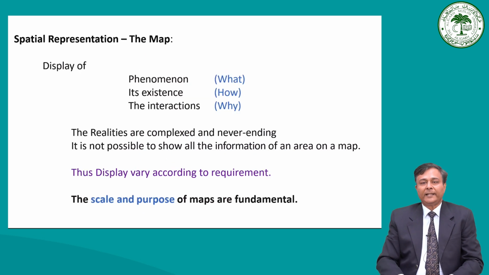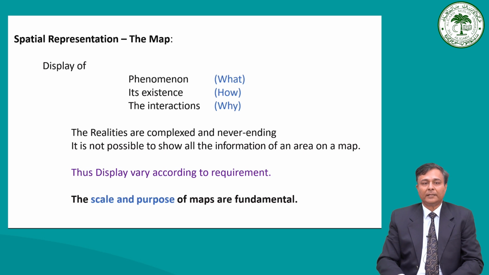As was explained in our previous session, the spatial information is represented and displayed with respect to the display of phenomena, where we would be highlighting what phenomena exist at any specific location.